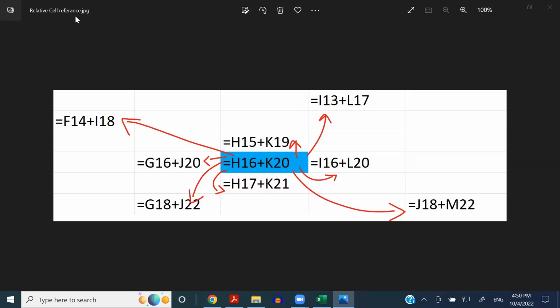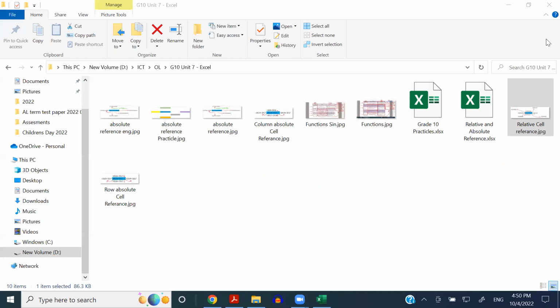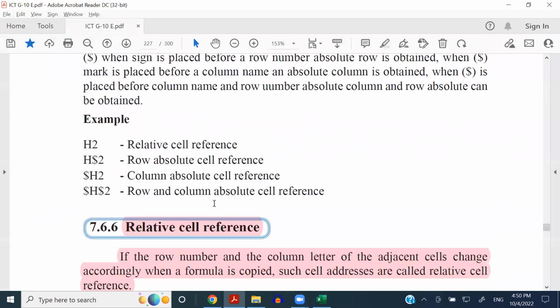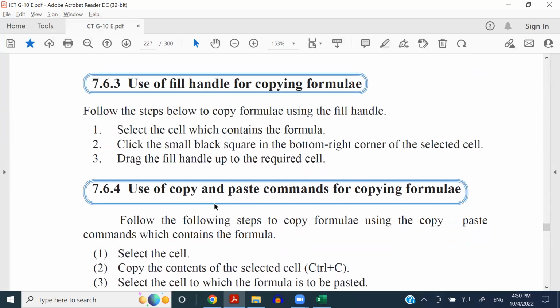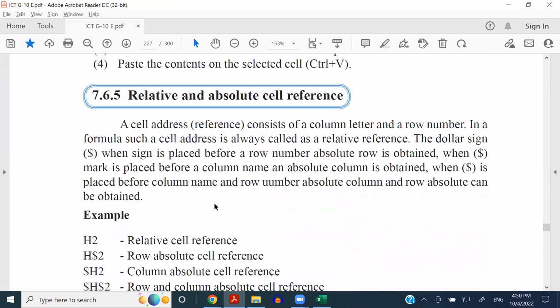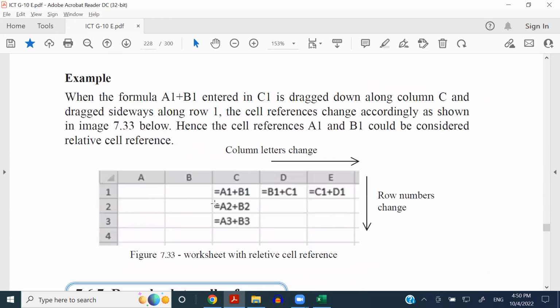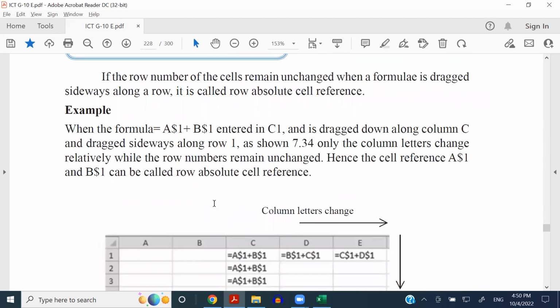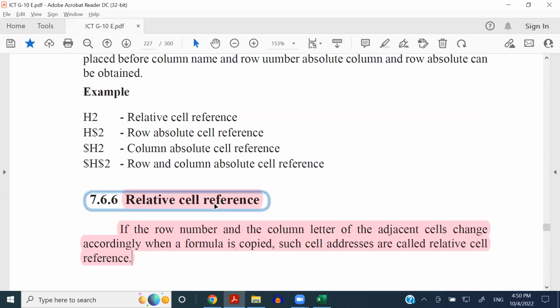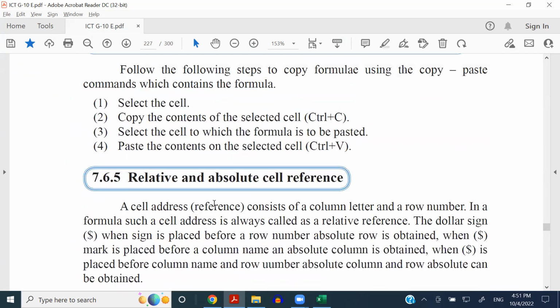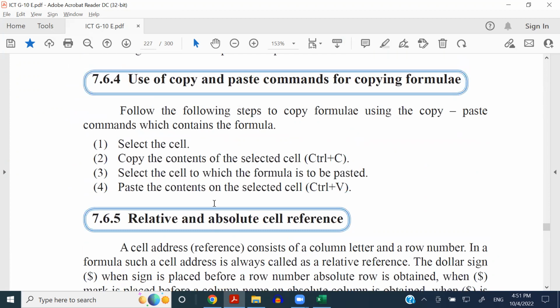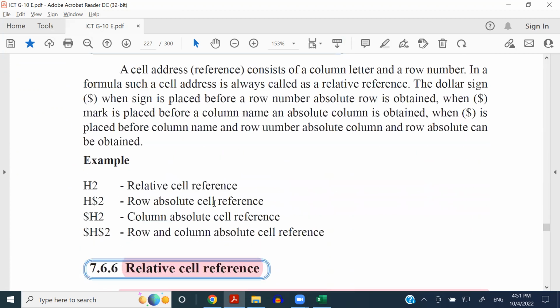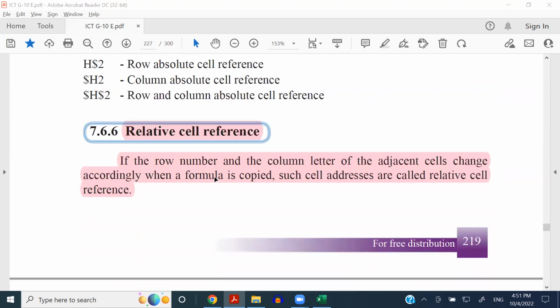Okay, so I'm moving forward. Then we are going to write about absolute cell reference. All right, let me see. What is the thing that you need to copy?